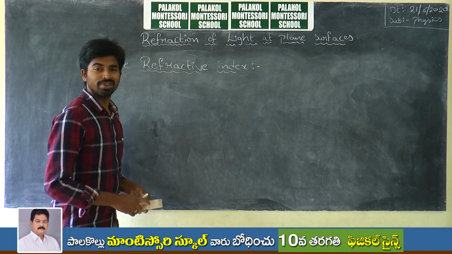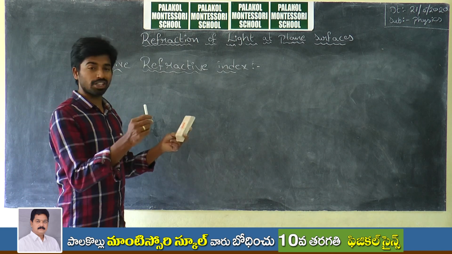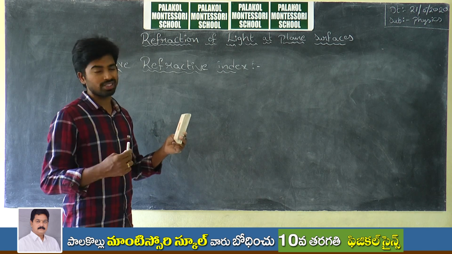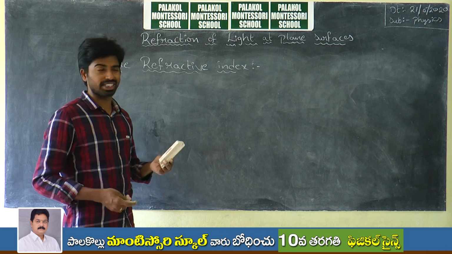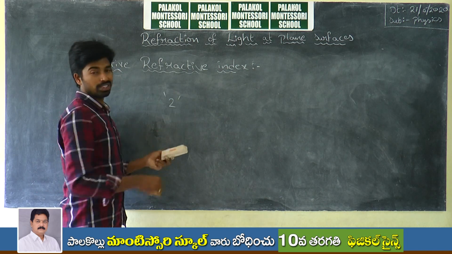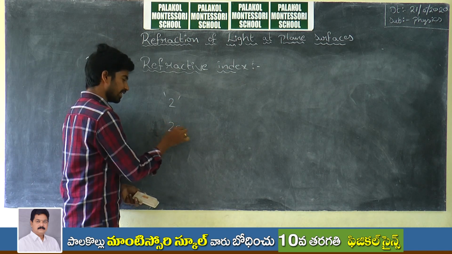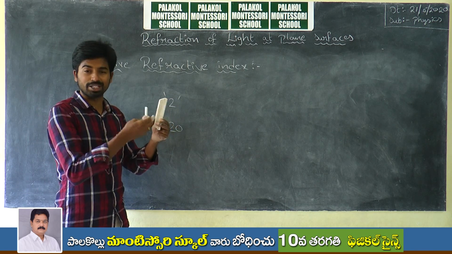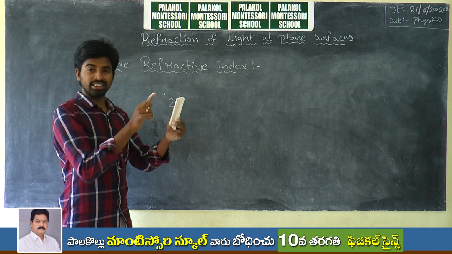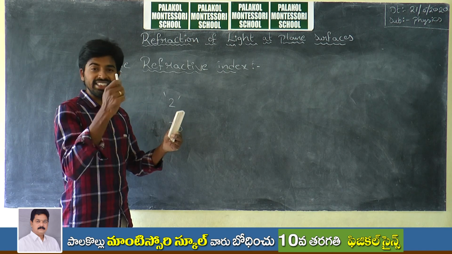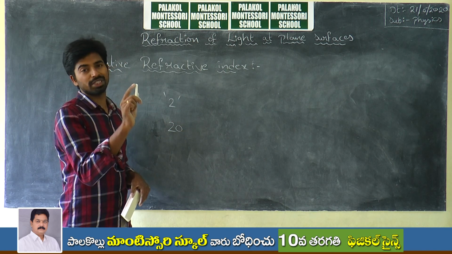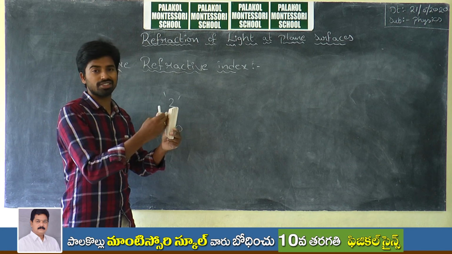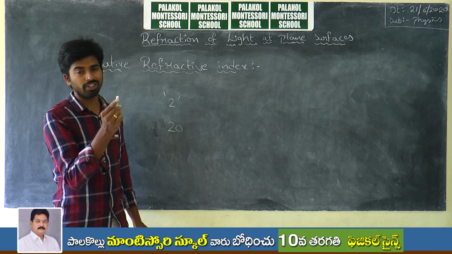For example, I have a duster and a piece of chalk. The cost of the piece of chalk is 2 rupees and the cost of the duster is 20. So how can you relate these two? What is the relation between them? The duster's cost is 10 times the cost of the piece of chalk.